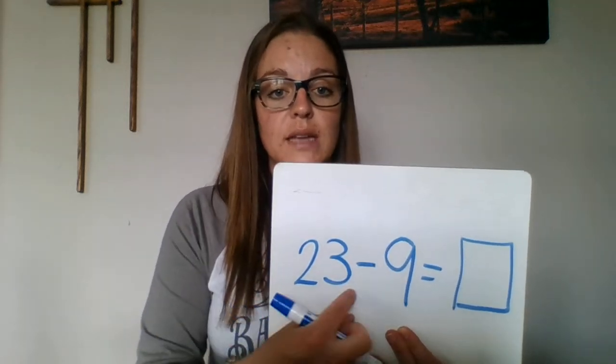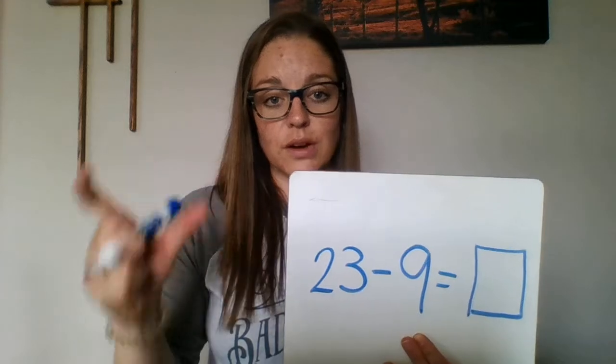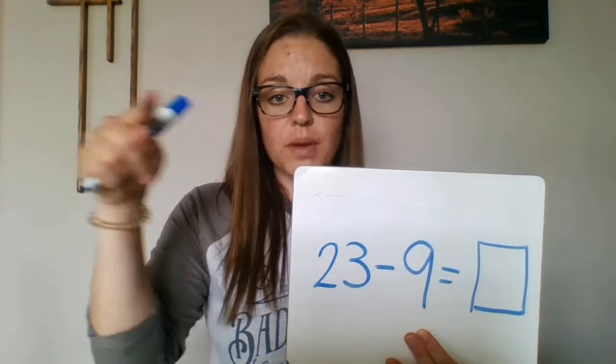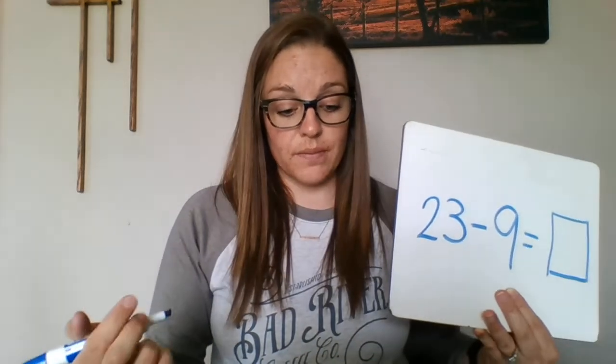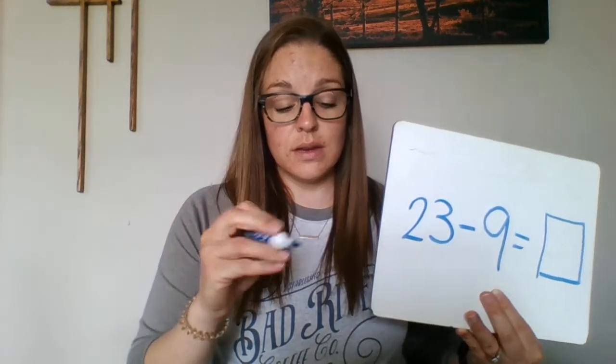So 23, take away 9, and that's what you showed on your number line. You started with your full string, you're hopping back 9, and you would land where? If you're at 23, hopping back 9, if you look here, he lands on the 14, so we know Nate has 14 centimeters of string now, so then you'd write 14 on the little line there.